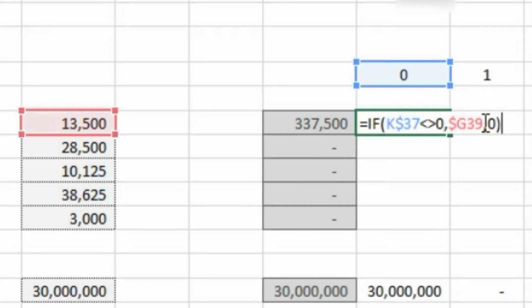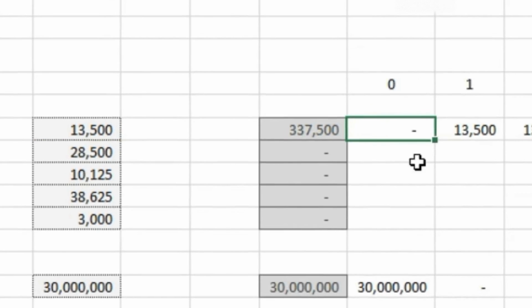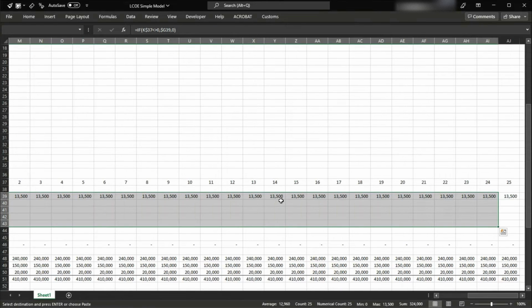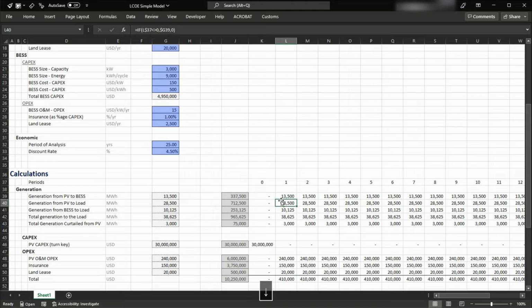And if you're anchoring cells to the left, which is the case for G39, you gotta press F4 3 times, or anchor only the column as it is in here. Because now that we are adding more energy flows in here, it is very easy just to copy and paste everything across, and everything should be anchored correctly. So as you can see here, as we move over through 2 other cells, everything is correctly pasted.